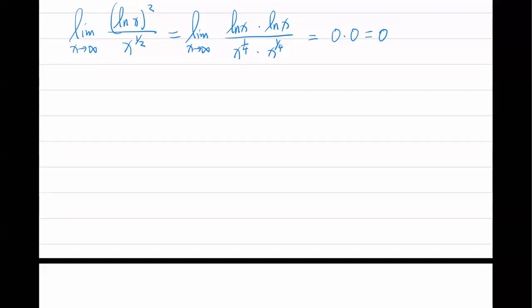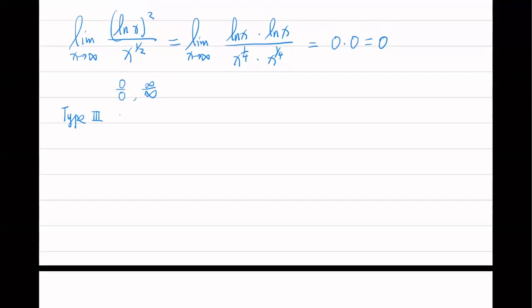Okay, so the third type. The previous two types, what are they? Okay, so 0/0, type 1, infinity over infinity, type 2. The third type is about the product. Again, it's not a real product, it's a type.